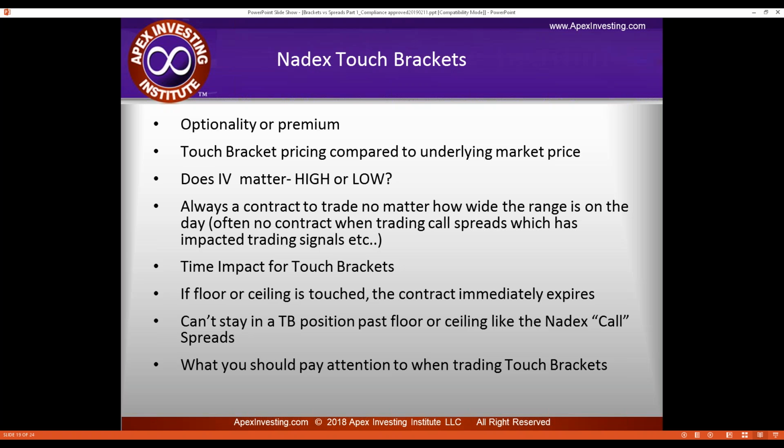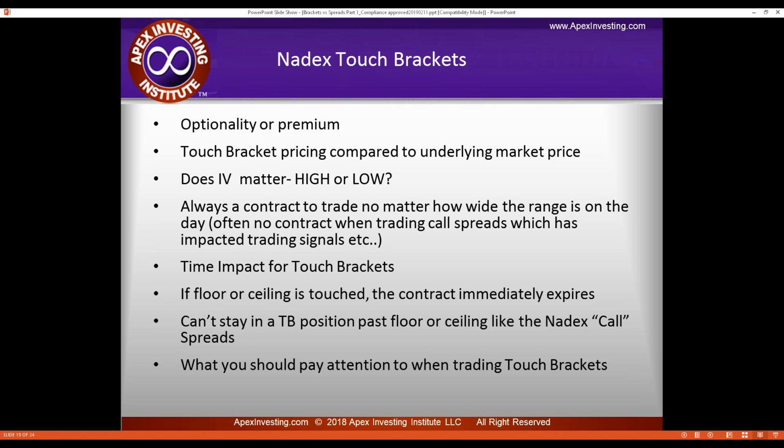And there's no time impact on touch brackets, meaning since there's not the optionality there, with options, they can move slower in value if there's a long time out to expiration, or they can move faster and more volatile in value if it's close to expiration. The touch brackets aren't going to do that. They're going to simply move $1 per tick along with the market. There's no time impact there.